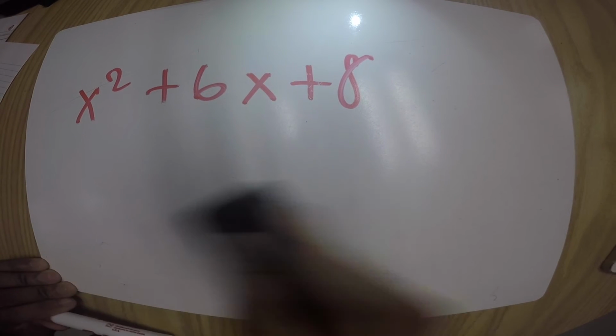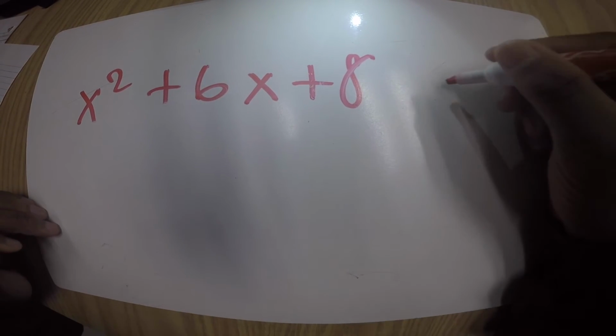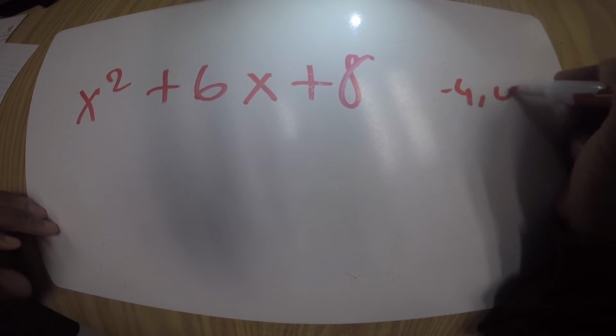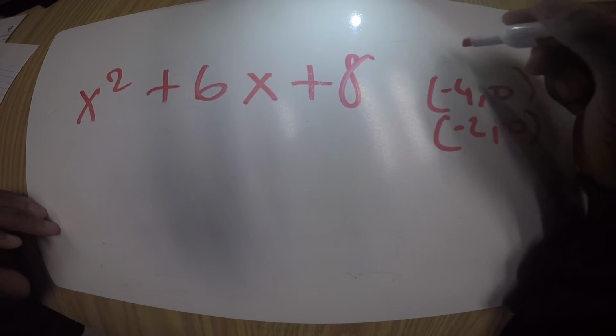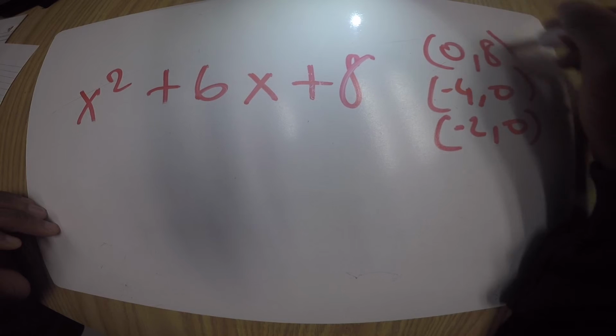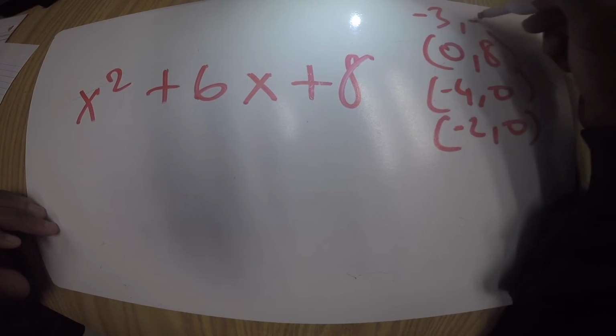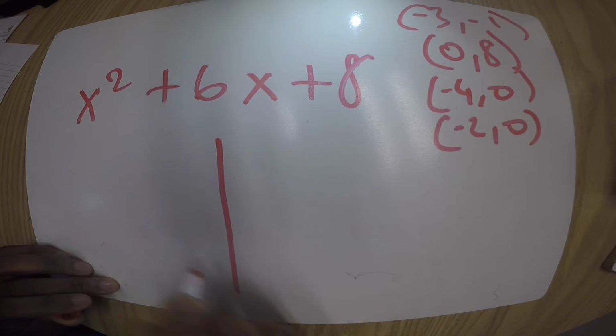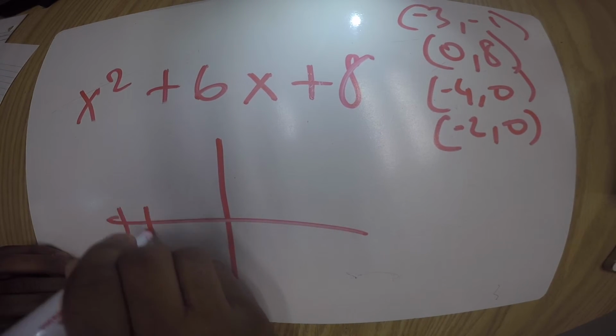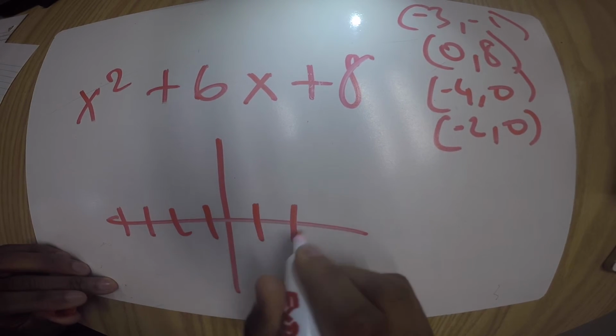Okay, cool. Now we had the x-intercepts, which were (negative 4, 0) and (negative 2, 0). The y-intercept is (0, 8). And our vertex was (negative 3, negative 1). So now that we have that, we just graph. Let's do our handy dandy graph, with an x scale of 1.